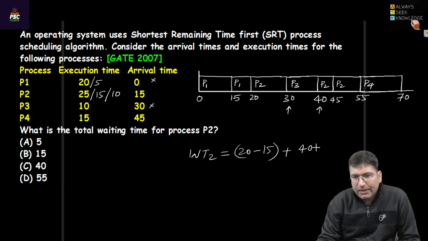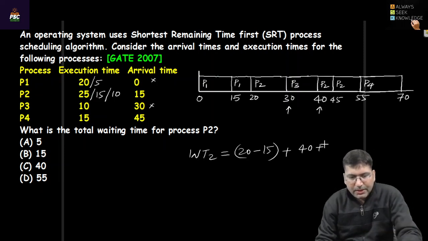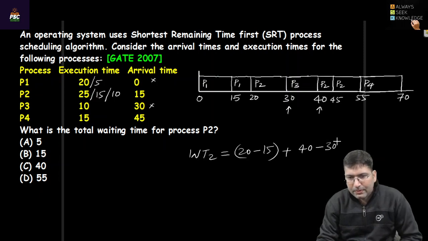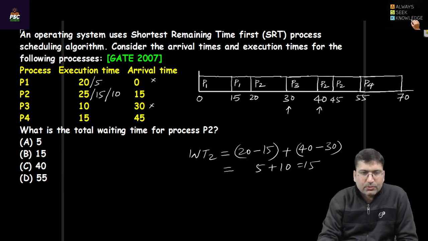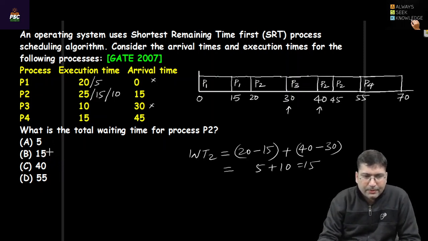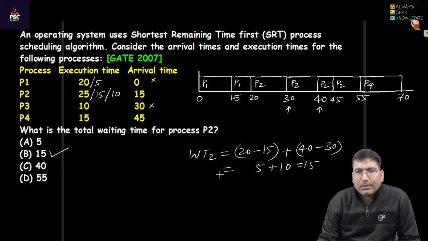So the second waiting is 40 minus 30. There is no third waiting for P2. So altogether it is 5 plus 10 is equal to 15. So the answer for this question will be 15. Okay. I hope it is clear.